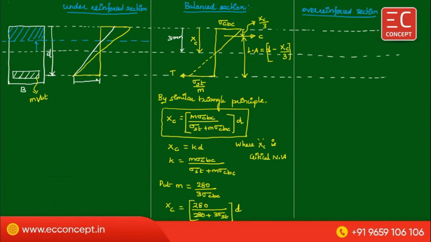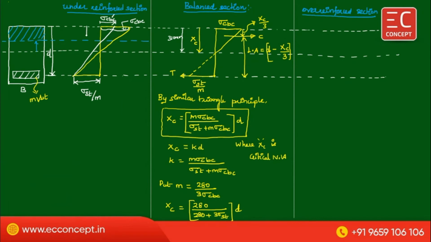Why? Because the area is less, so the steel yields first. The stress in steel is sigma st by m. But the actual stress in concrete is only this much. The concrete will not attain its full stress level. This is sigma cbc dash, while this entire thing is sigma cbc.